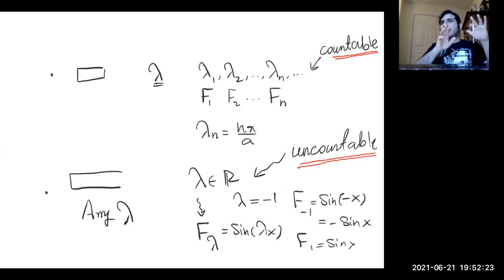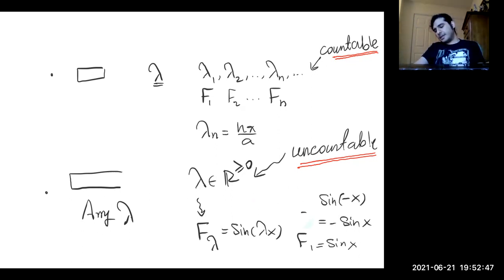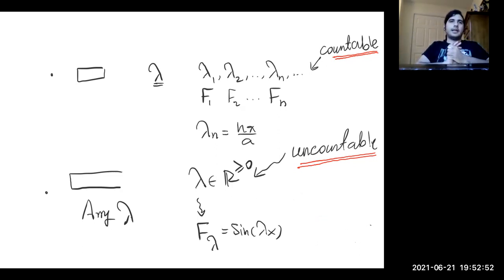So considering negative numbers for lambda doesn't give us any new solution if we are only interested in linearly independent solutions. So we can just consider the non-negative ones, because if it's negative, the negative sign just comes out of sine. You can absorb it into the constant behind it. So I would assume only that lambda is non-negative. Still, they are uncountable as we know that now. Great.